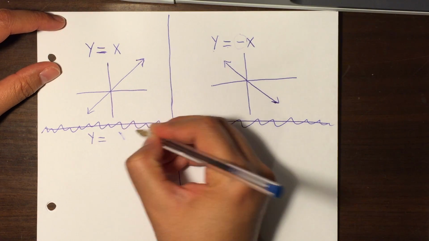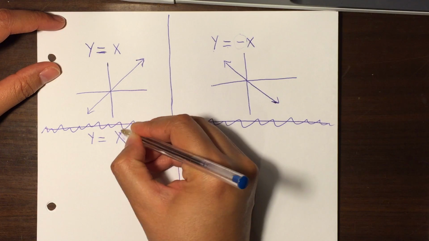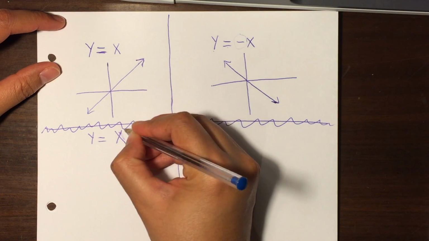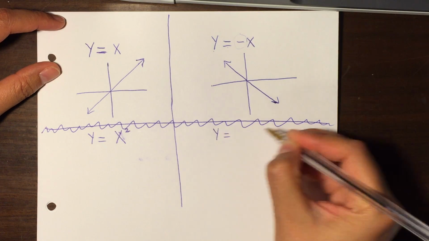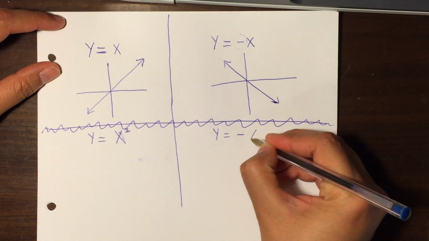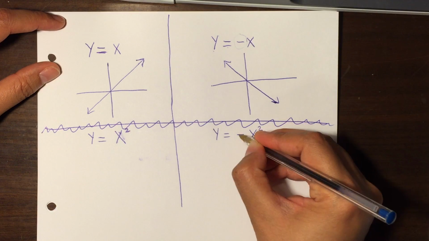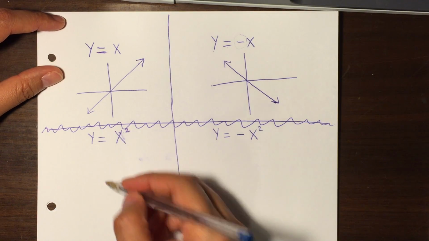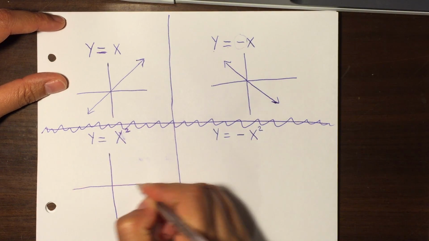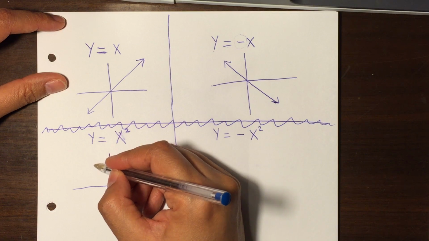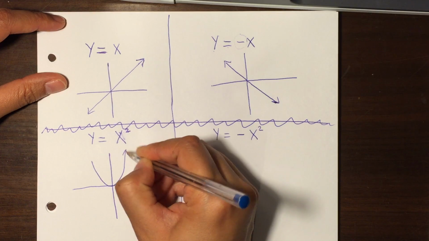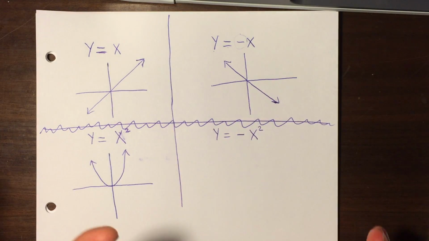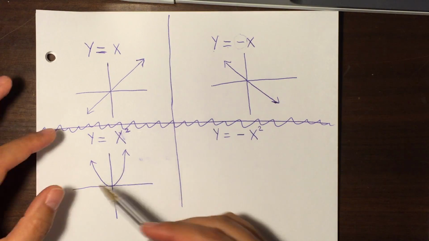Sometimes my x is gonna have an exponent. And so if it has a square, and I'm kind of doing a pattern here. Si está al cuadrado, my graph will be a positive parabola. Va a ser positiva.